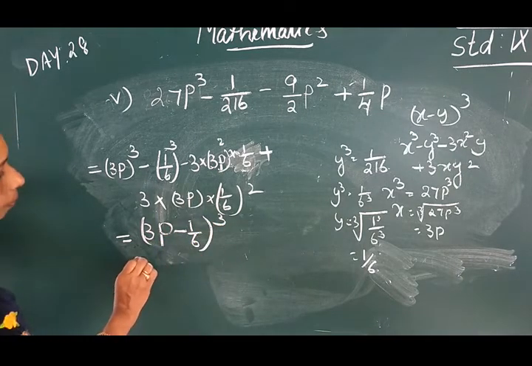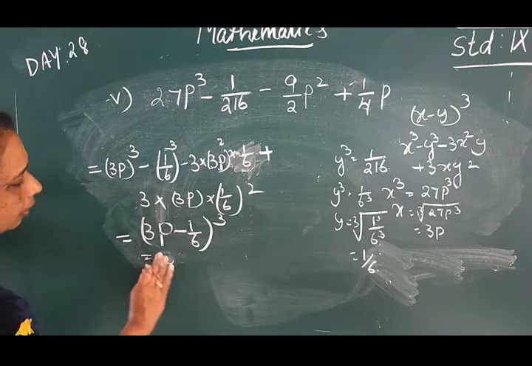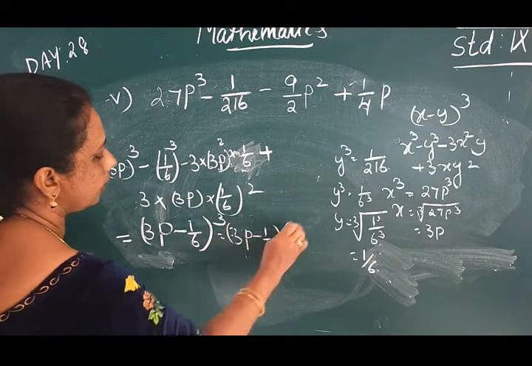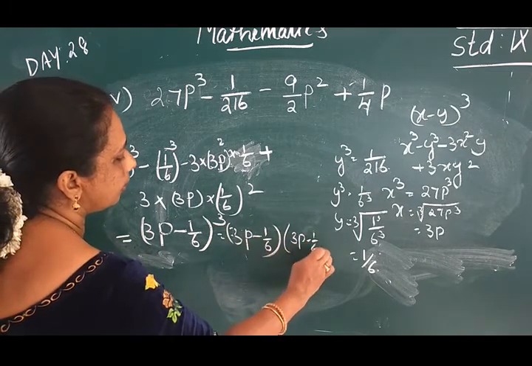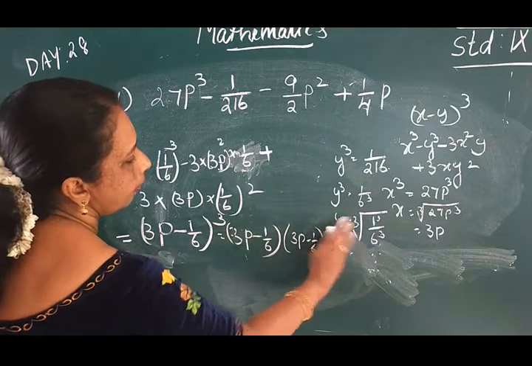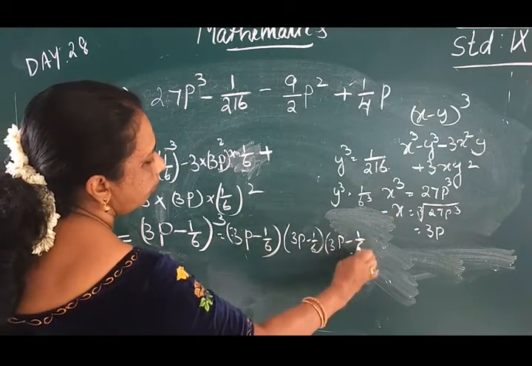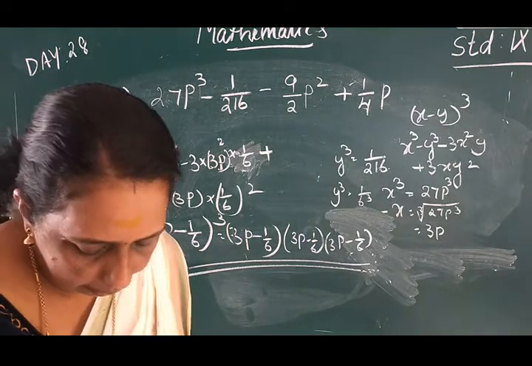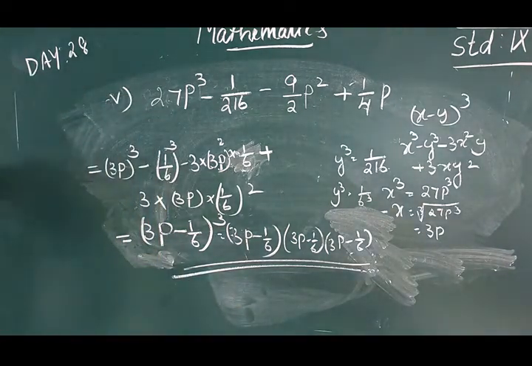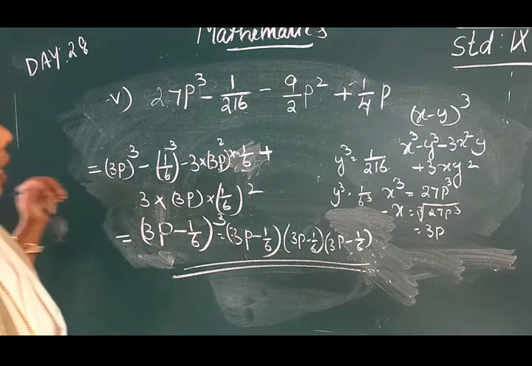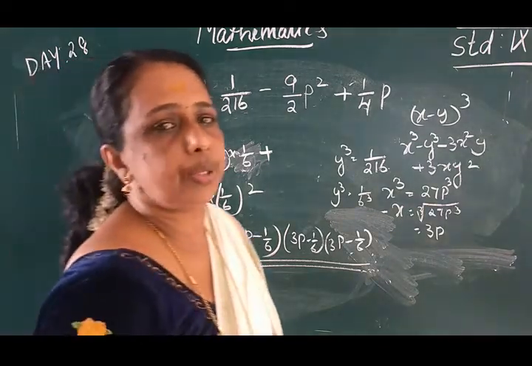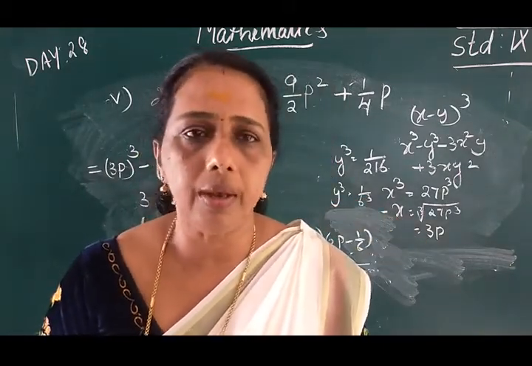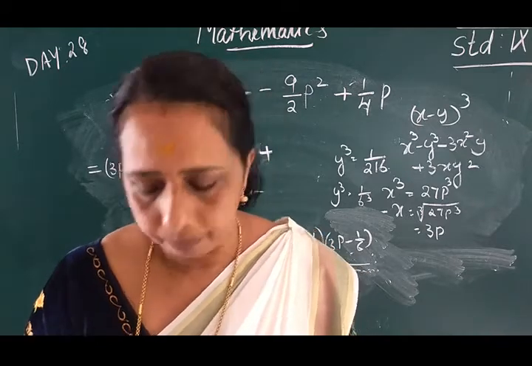That is 3p minus 1 by 6 into 3p minus 1 by 6 into 3p minus 1 by 6. This way we factorize the given expression using the identity x plus y the whole cube or x minus y the whole cube.